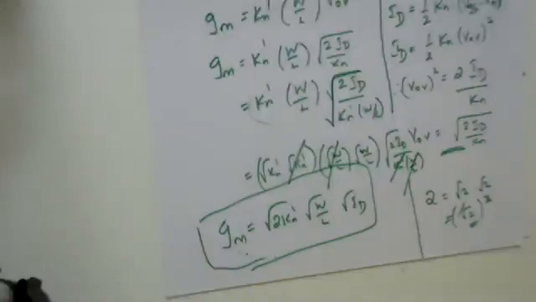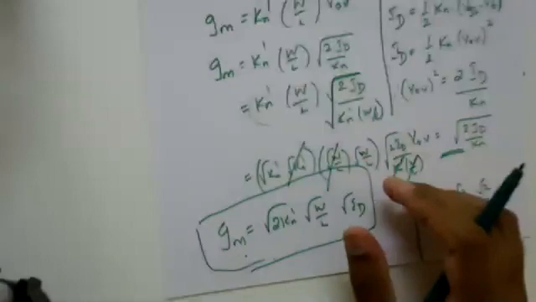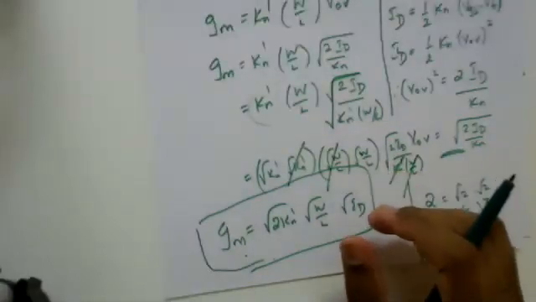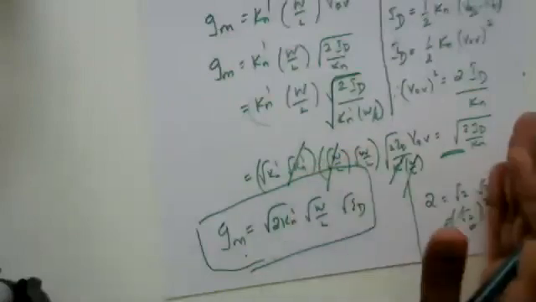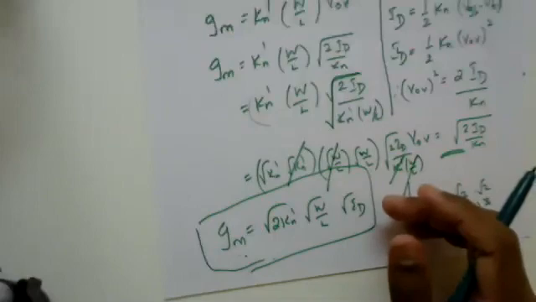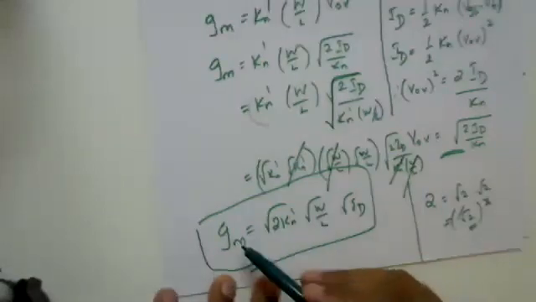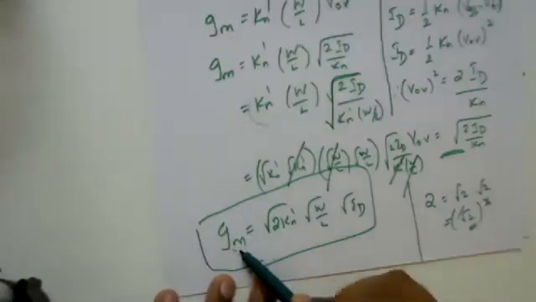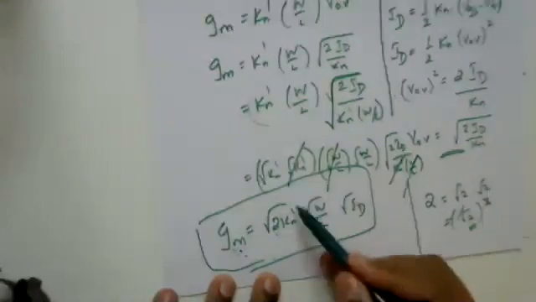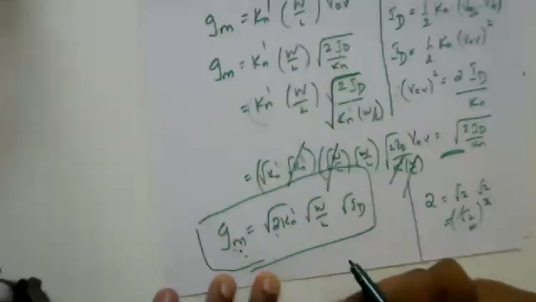In contrast, I can say that for the transconductance of a bipolar transistor, if I make a physical size and geometry comparison of this device, then my Gm would be root of 2 times Kn dash. Is it clear to you?